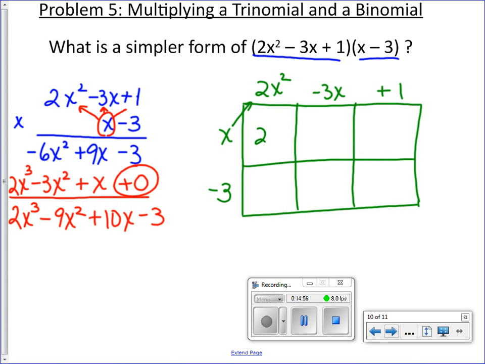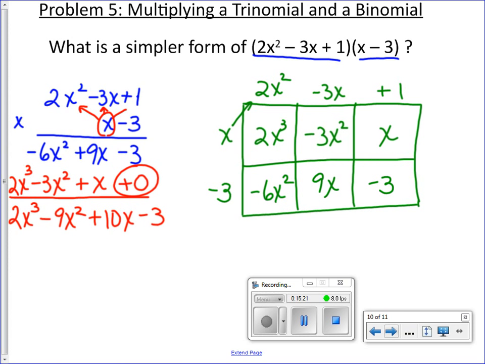X times 2x squared would be 2x cubed. x times minus 3x is minus 3x squared. X times 1 is 1x. Moving to the row 2, negative 3 times the 2x squared is negative 6x squared. Negative 3 times negative 3x is 9x. And negative 3 times 1 is negative 3.